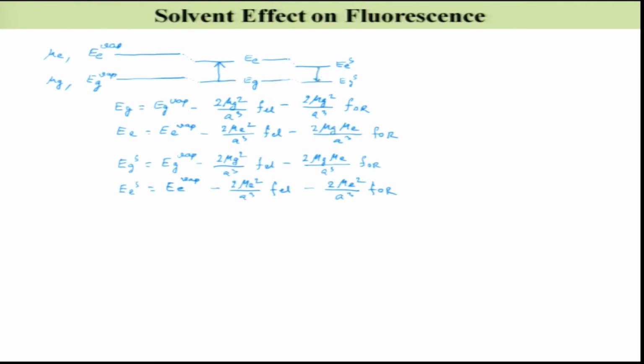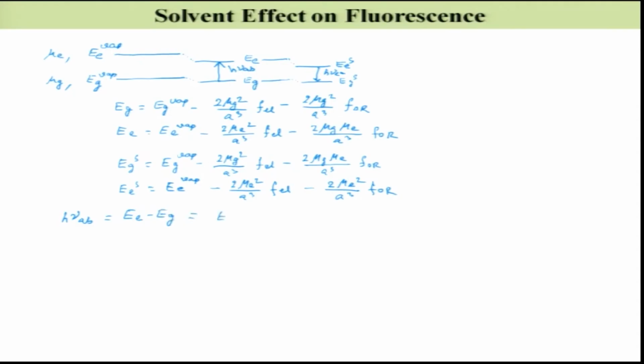So I can write h nu absorption and h nu emission. h nu absorption is equal to E E minus E G, and that we have already seen.